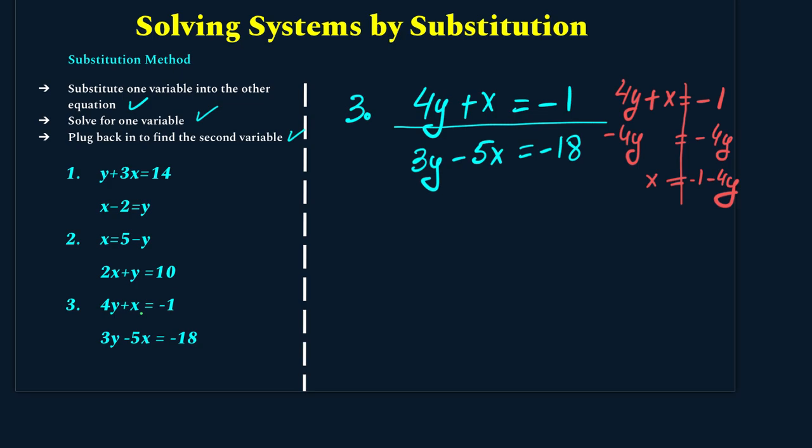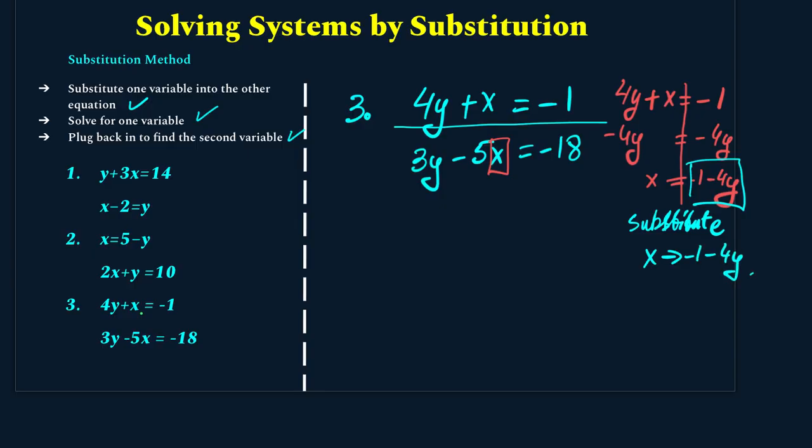Okay, so that means we're going to substitute x right over here with what x equals right over here. So let's go ahead and write that down. Substitute x with negative 1 minus 4y.